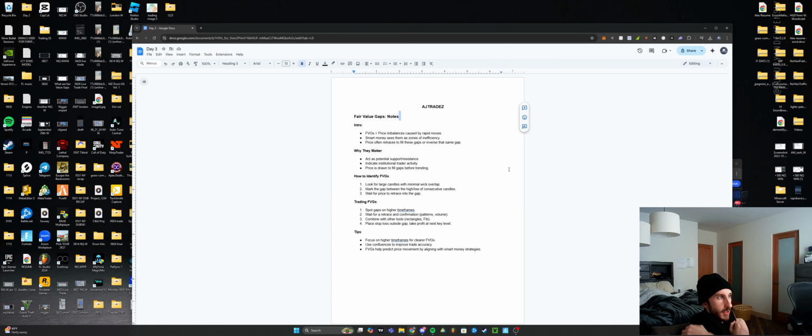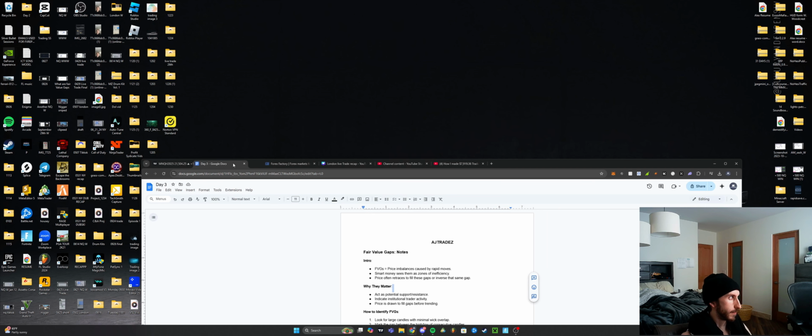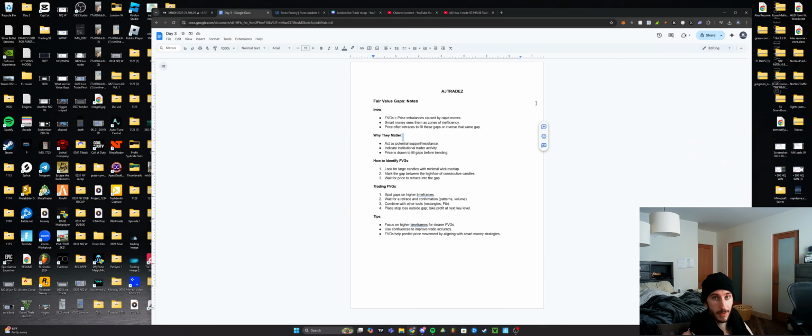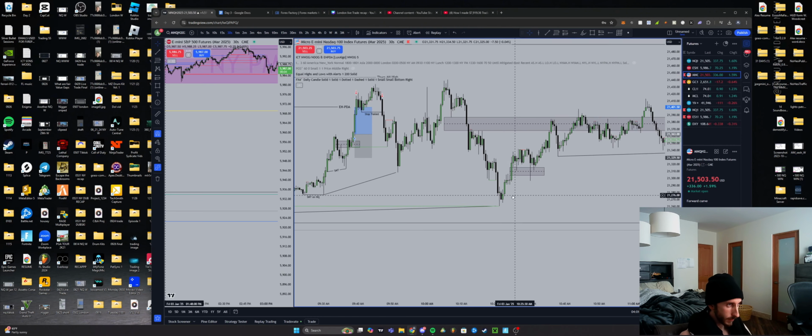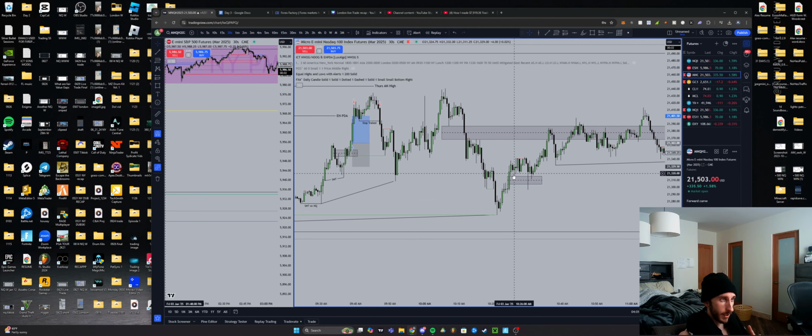It also indicates institutional activity. It's kind of what the banks do: follow order flow, reverse off of high time frame levels, or continue off high time frame levels. So obviously price is drawn to fill these gaps before trending, and you'll notice a lot of the times that some of the fair value gaps don't get filled, and the reason for that is because, one, let's say this gap right here wasn't filled, right?